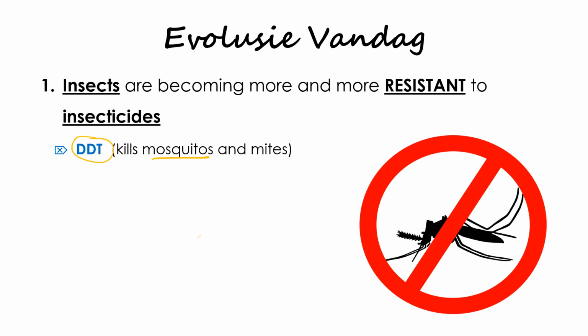Right, so the situation is that insects become resistant to insecticides, and back in the day they used this insecticide called DDT, and it was used to kill mosquitoes and mites, and certain animals then developed a resistance to that medication.